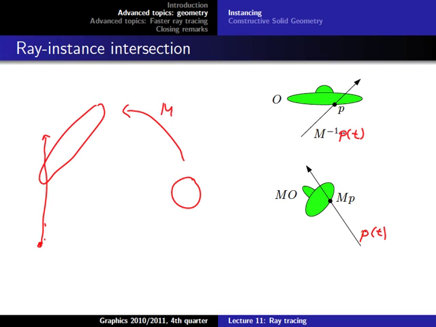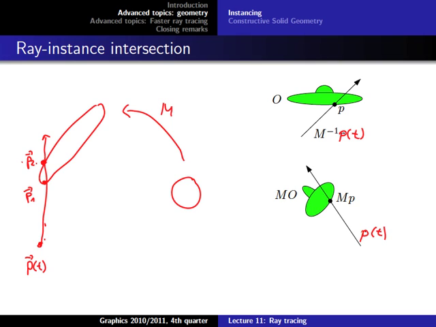Anyway, it's supposed to be a straight line. And now we want those two intersection points, let's call them P1 and P2, for the ray P of T.